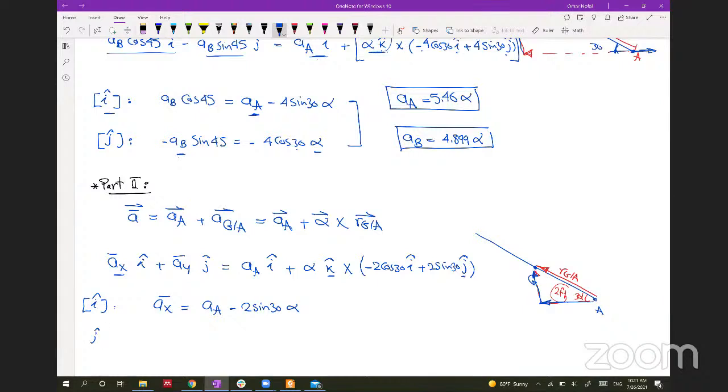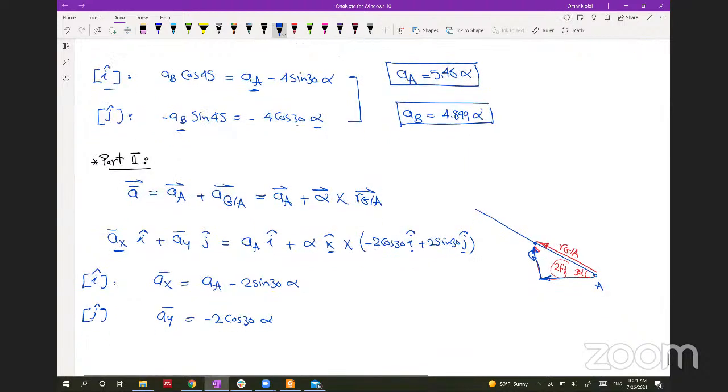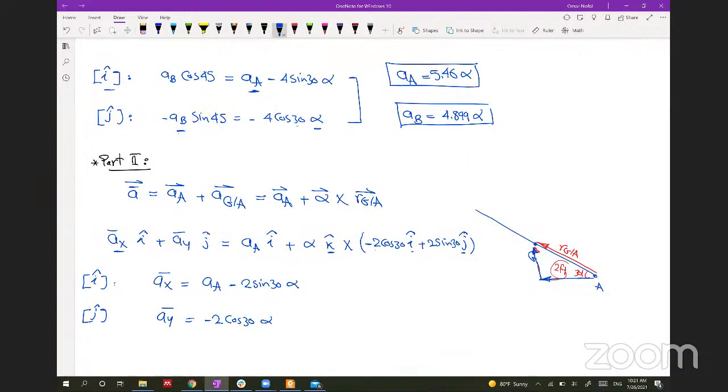And in the j hat direction, we have ay bar. If we multiply k by I, it will give j hat, and we have negative outside, so this will be negative 2 cosine 30 multiplied by alpha. And we have actually AA, the acceleration at A, as a function of alpha.